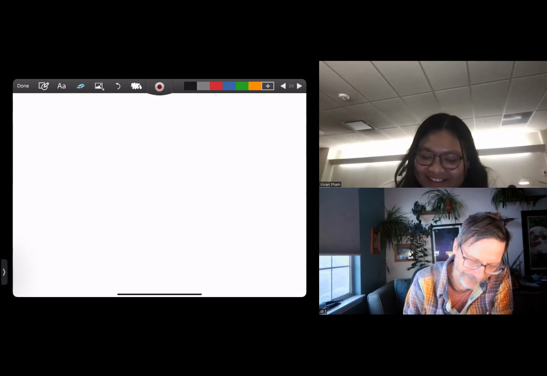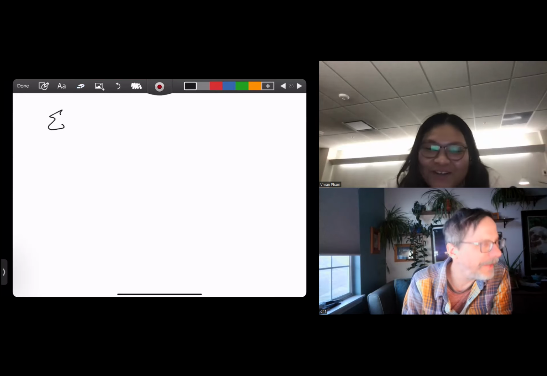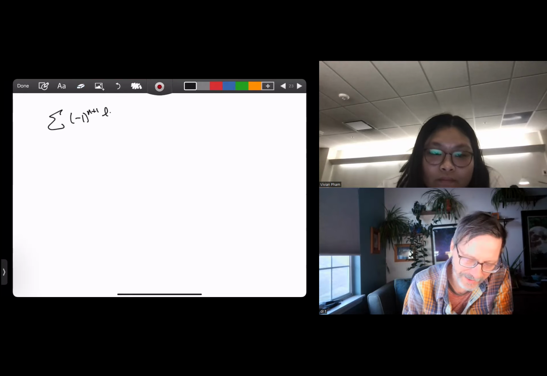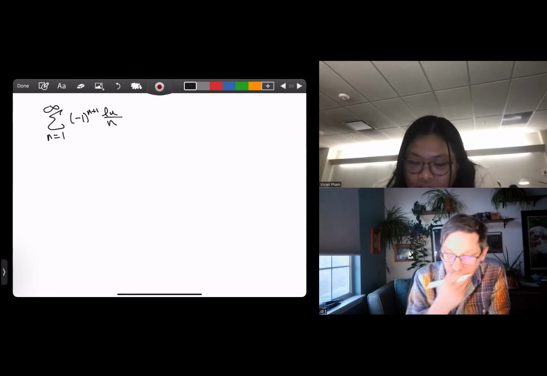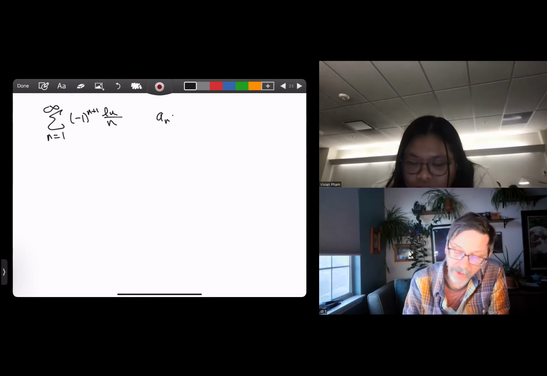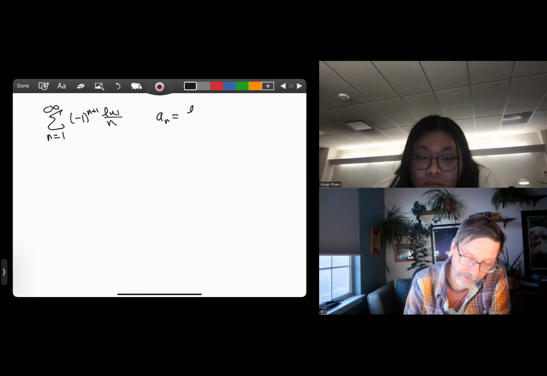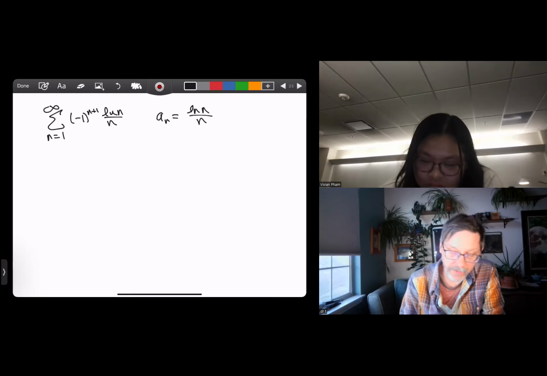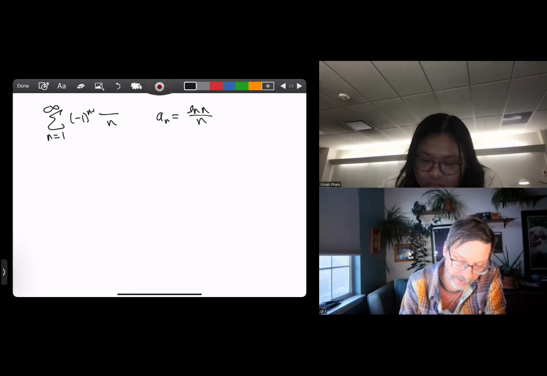I was looking at number 12, and I was like, no. So we got this one here. Okay, so we grab the non-alternating part, and that is ln of n over n. Let me make that clear.